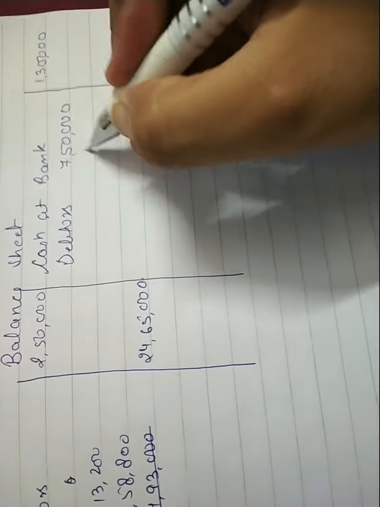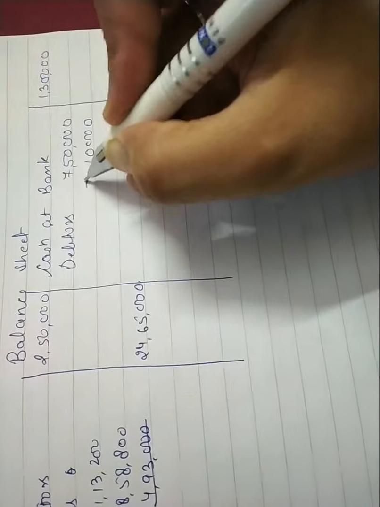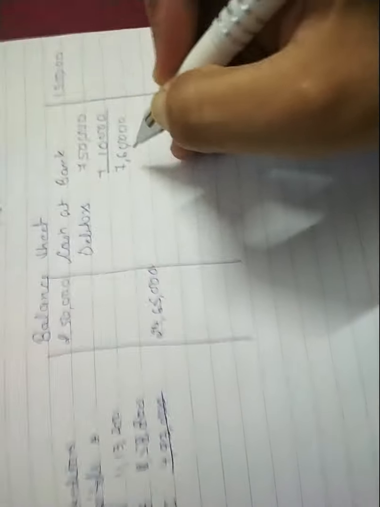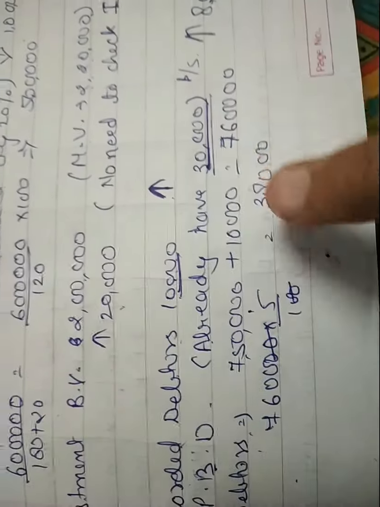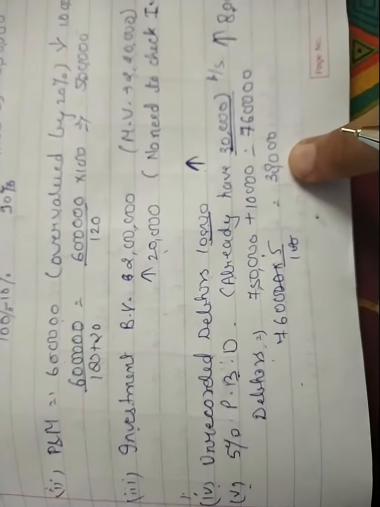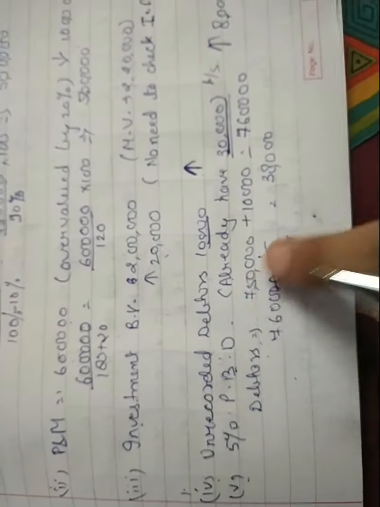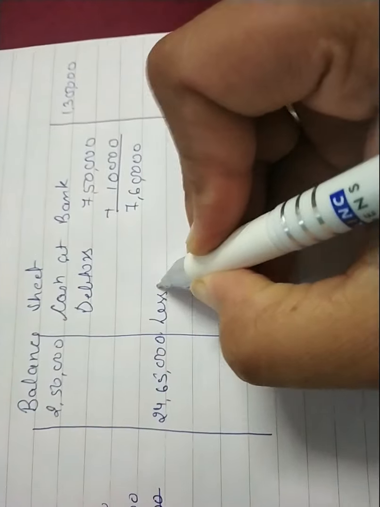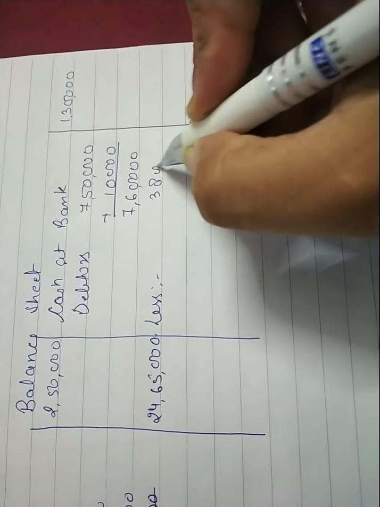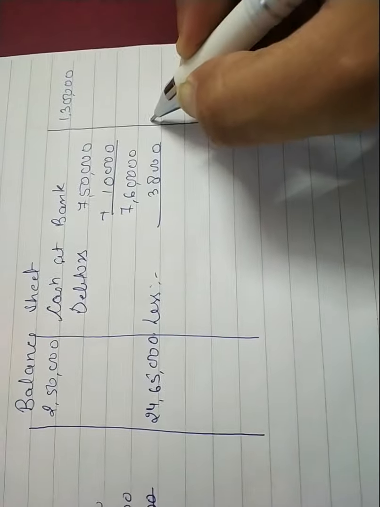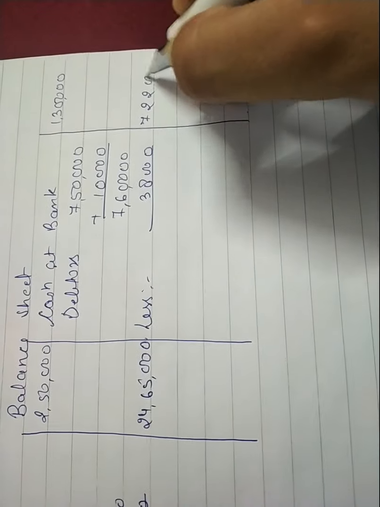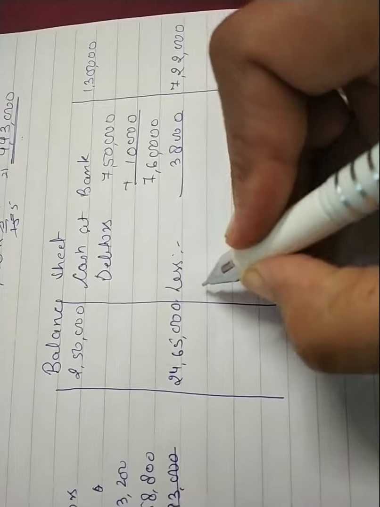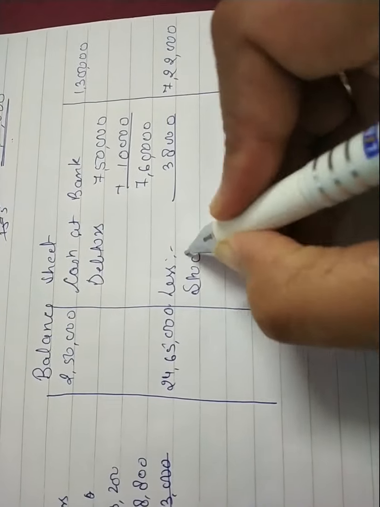So I am adding here 10,000. Now our debtors will become 7,60,000. And we have made the provision of 38,000 as 5% on debtors. So I am subtracting it. That is less 38,000 and that will become 7,22,000.